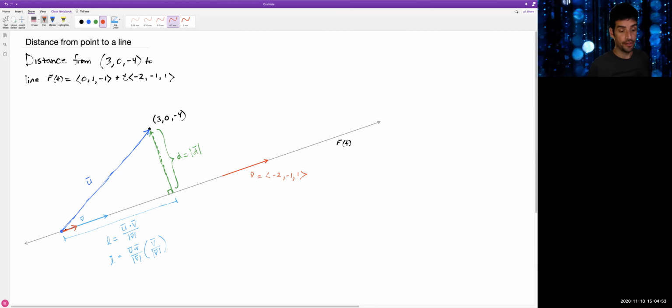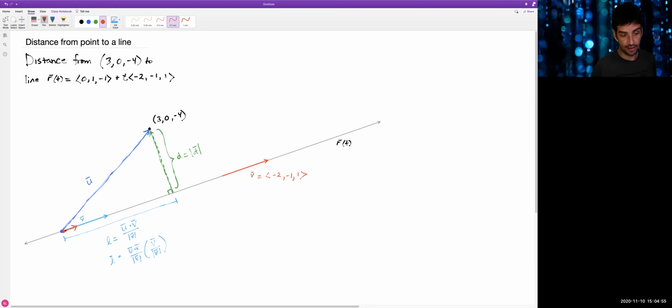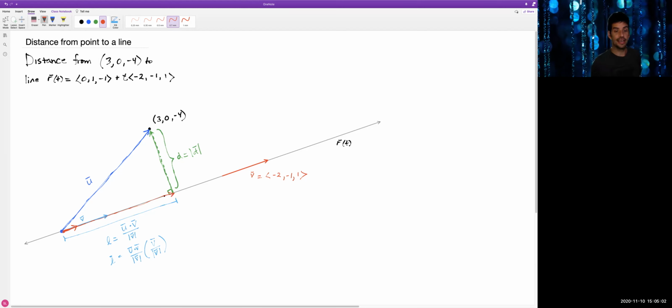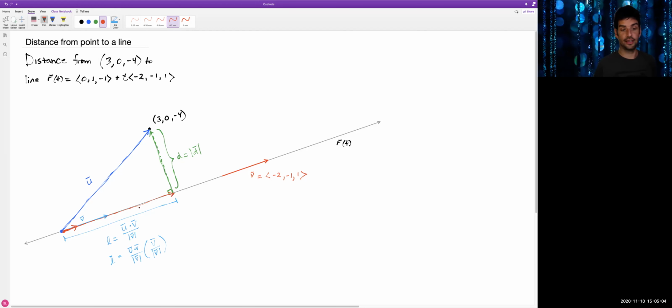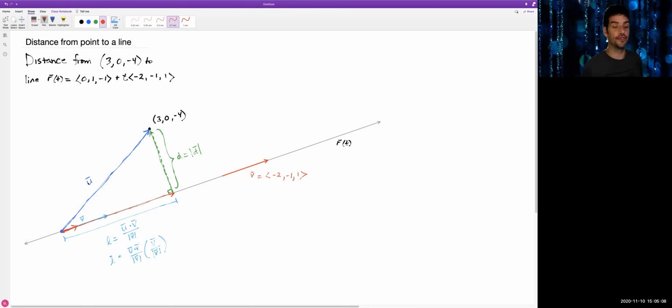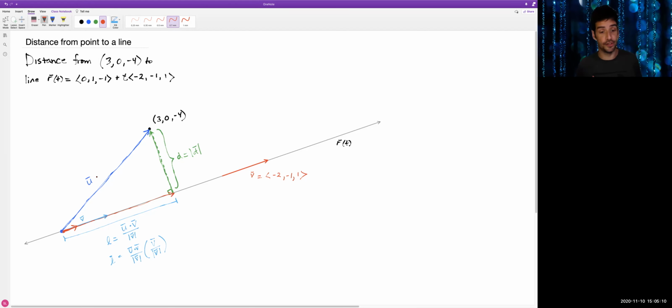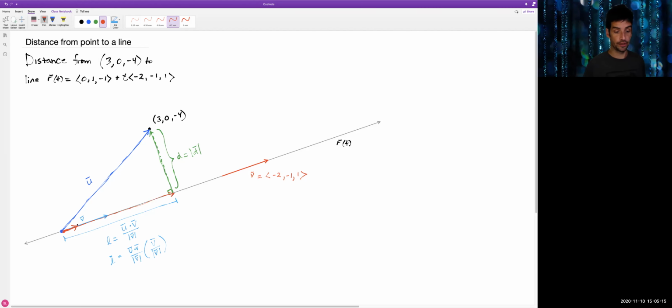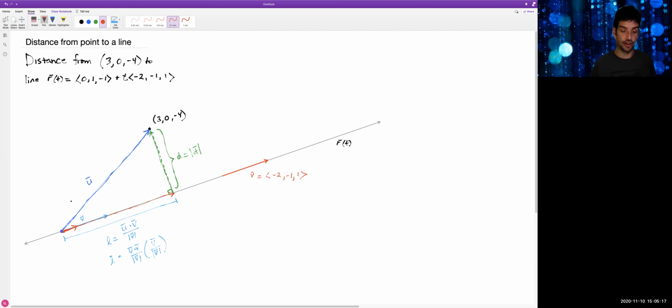This gives us a new vector in the direction of v that is the distance along this line of the projection. It's like this vector is the projection of u onto v. That's how I should say it. It's like the shadow of u on v. And I'm calling that vector L.